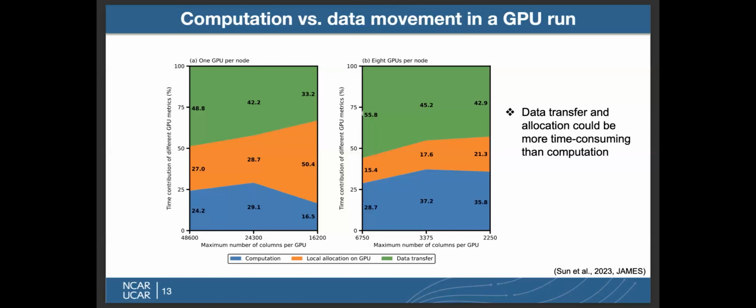Also, another point is to show which part is critical on the GPU, computation or data movement. Here, I show an analysis of the time contribution to a GPU run from 1 GPU per node, as well as 8 GPUs per node. The x-axis shows using 1 node to 3 nodes, and the y-axis is the contribution.